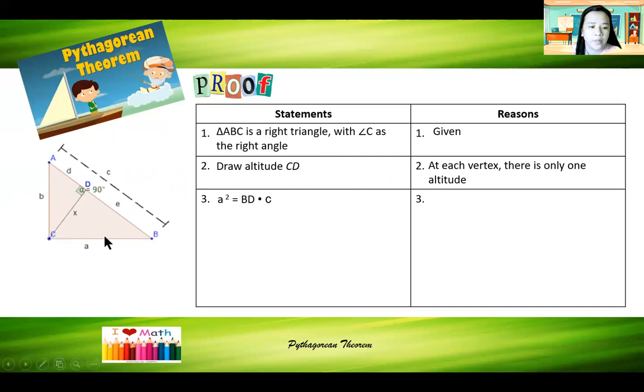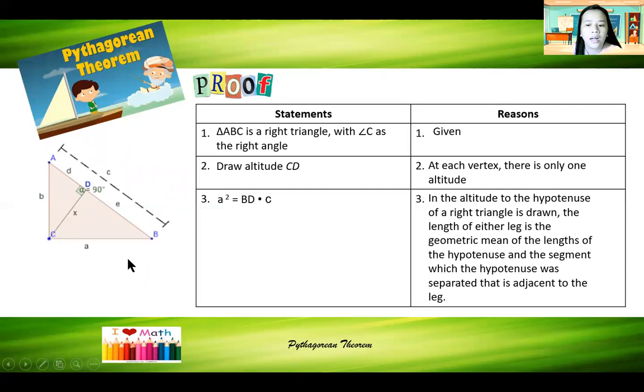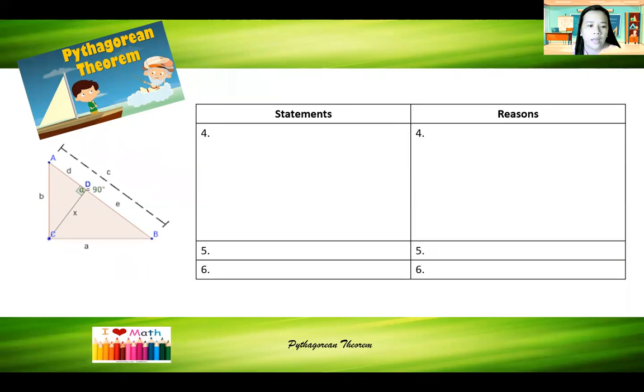A squared, so this one. The square of this side is equal to BD times C. In the altitude, the hypotenuse of a right triangle is drawn. The length of either leg is the geometric mean of the lengths of the hypotenuse and the segment of the hypotenuse that is adjacent to the leg.